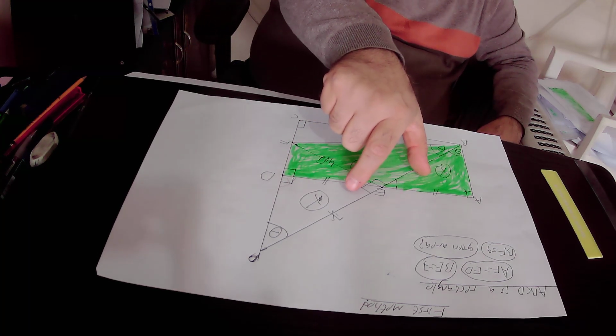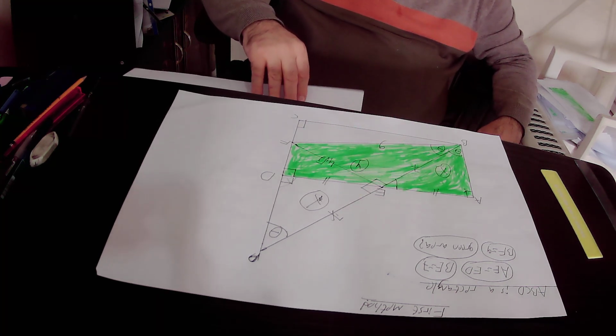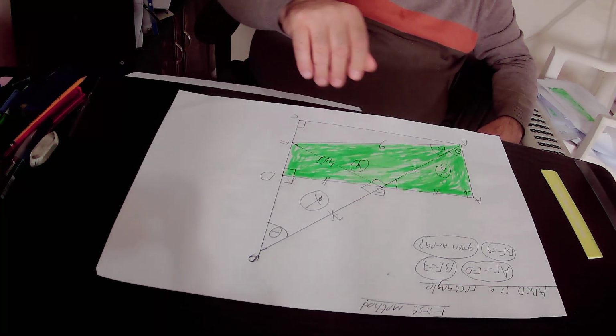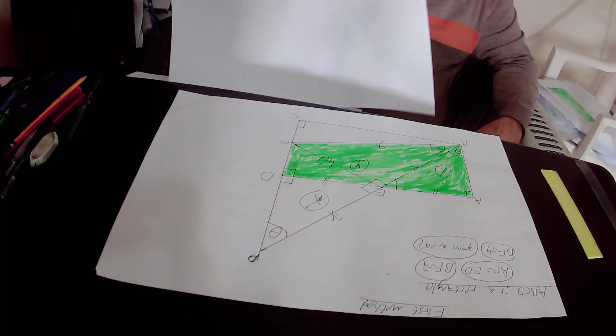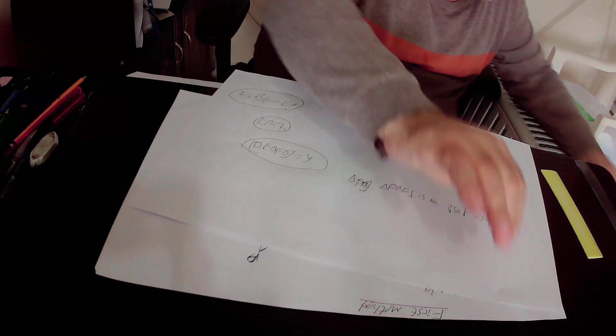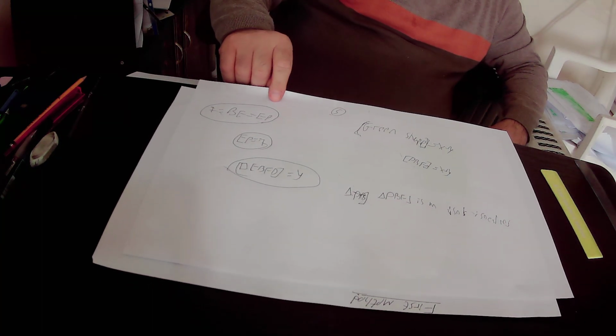Therefore, those two right triangles are congruent according to the angle side angle rule. And from the fact that those two triangles are congruent, we conclude that BE equals EP.